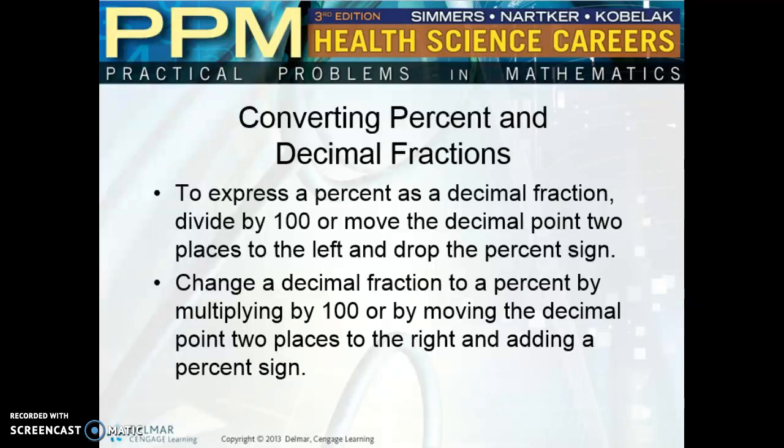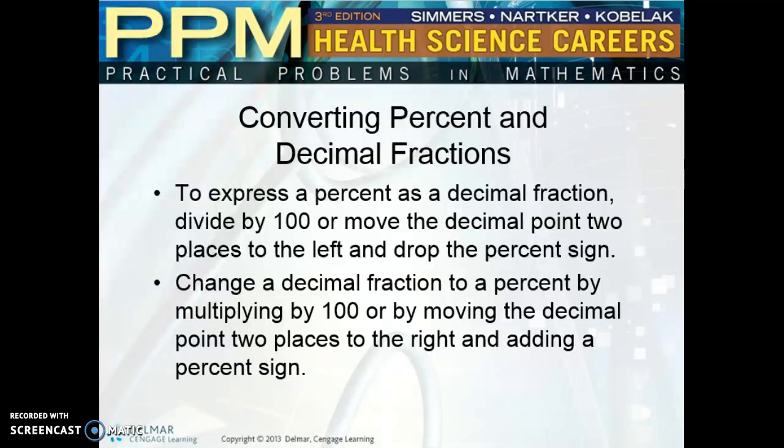Now there's nothing there, so it's going to be point moving to the right once. We can do that. Moving to the right again, we're going to have to add that 0. So 0.5 is going to become 50%. So if you need to move more places than what's there, you're adding a 0, and then again that percent sign goes at the end.